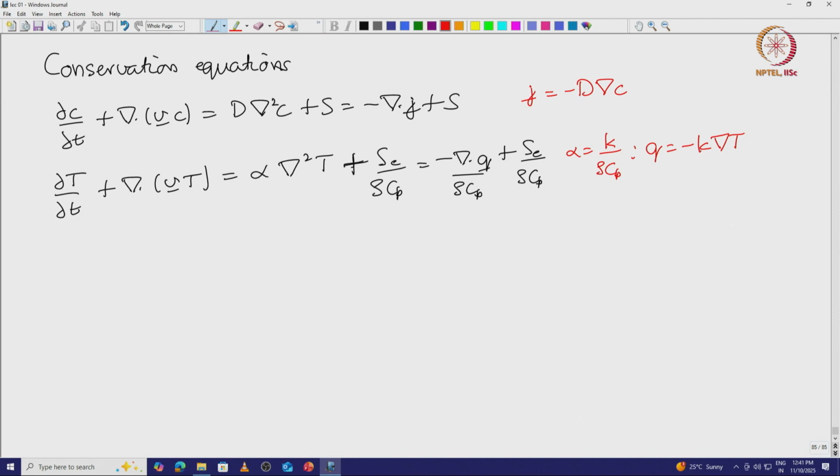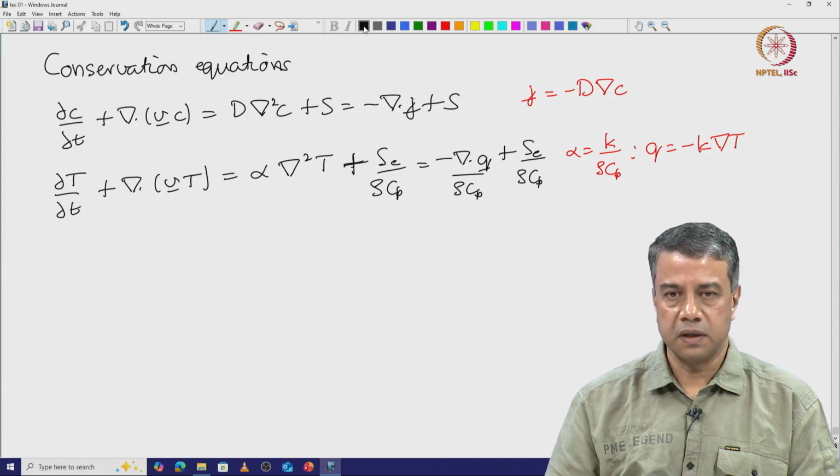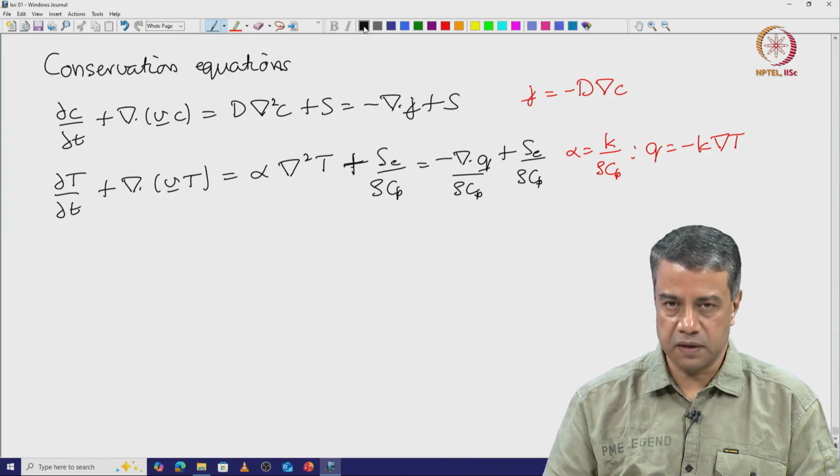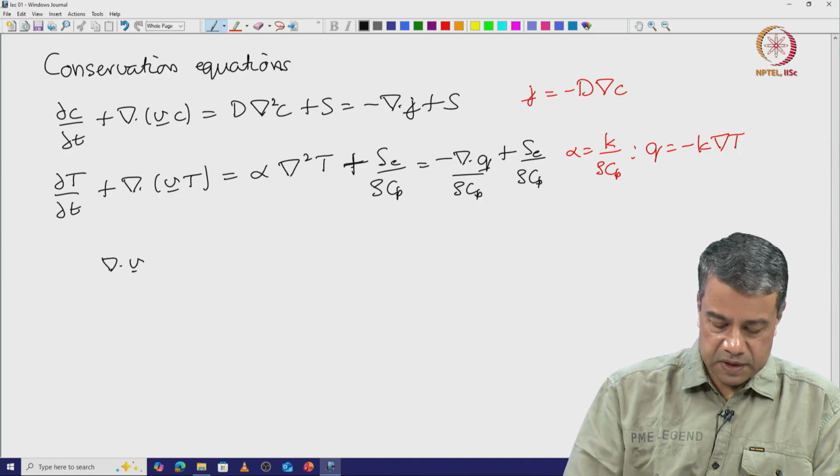And finally, the Navier-Stokes mass and momentum conservation equations for a Newtonian incompressible fluid. Divergence of velocity is equal to 0.